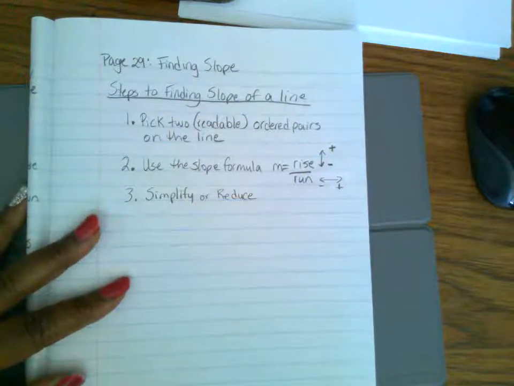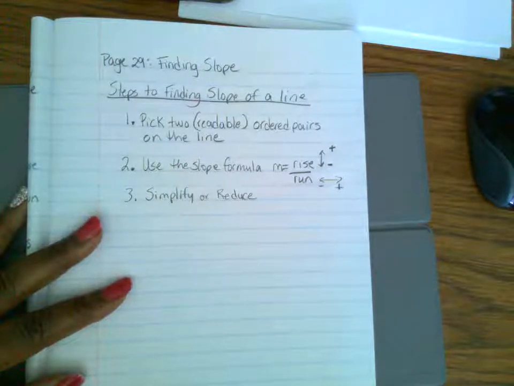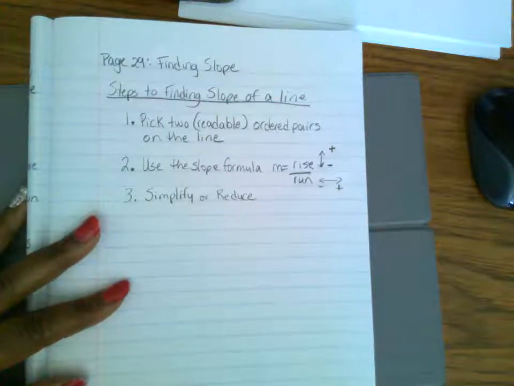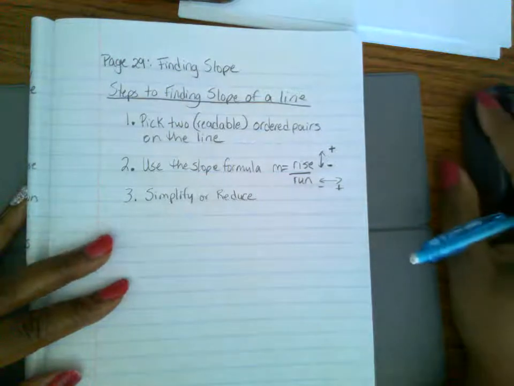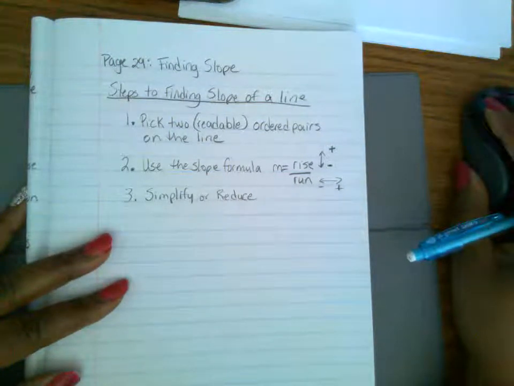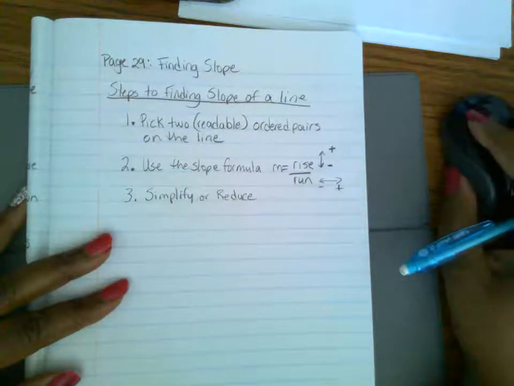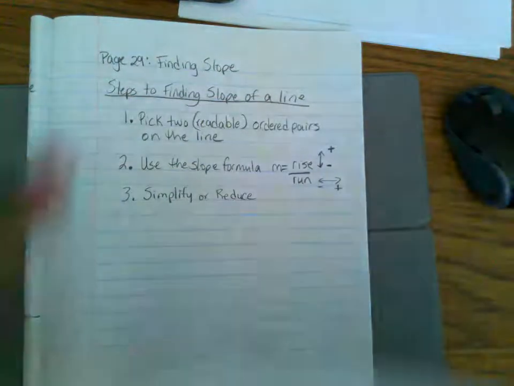If you want to write your answer as a decimal, you can. Okay. Most of the time we keep it as a fraction, rise over run. We just make sure that our fraction is reduced. Any questions about the steps? I'm going to pause.